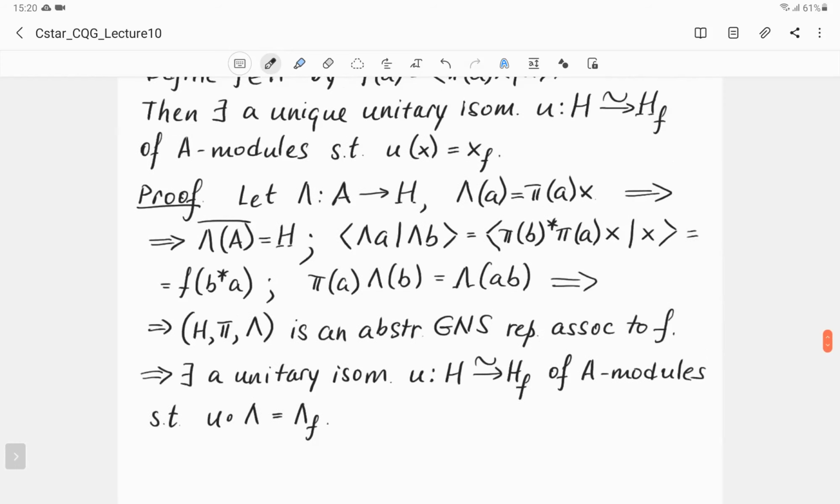So to complete the proof, we have to show that U takes the cyclic vector x to the cyclic vector x_f.